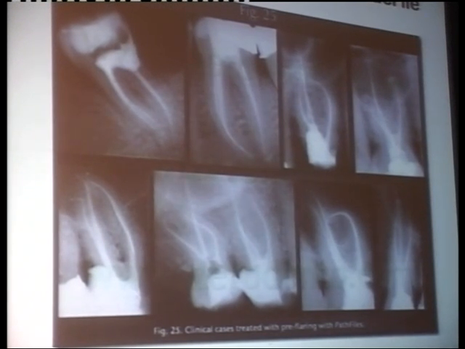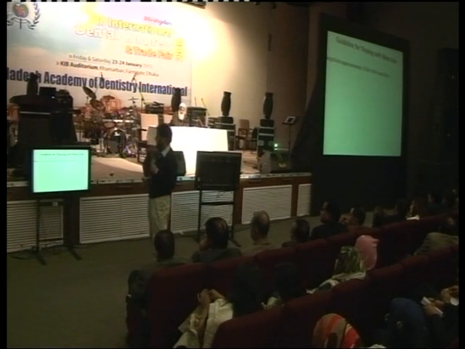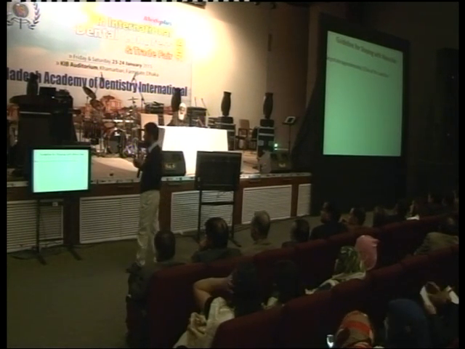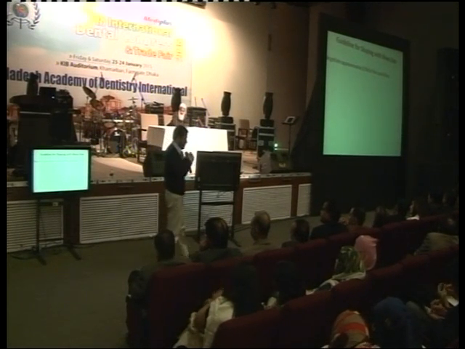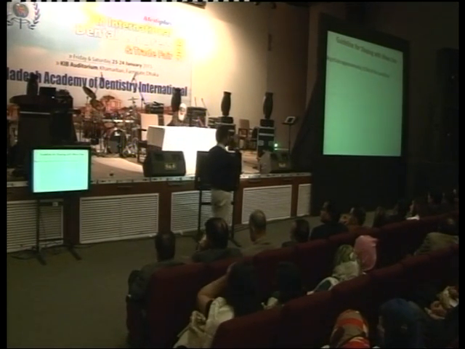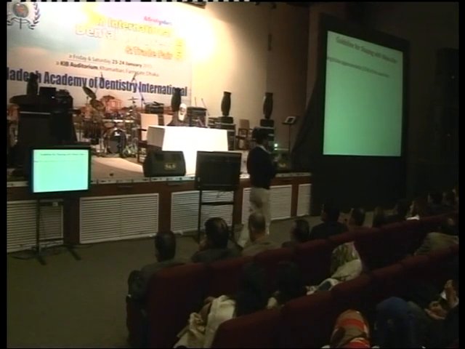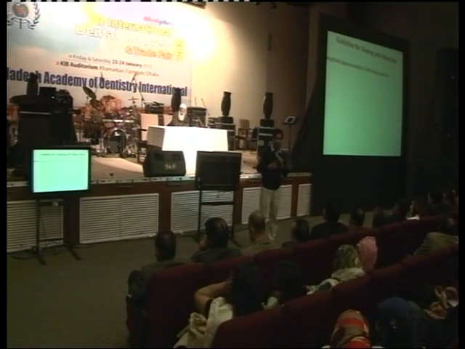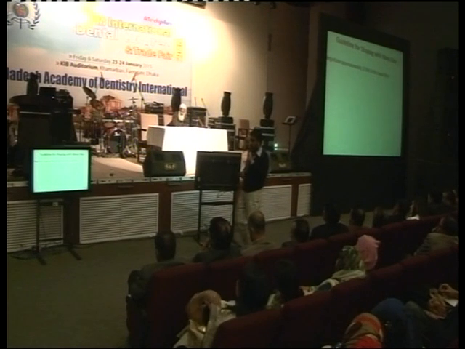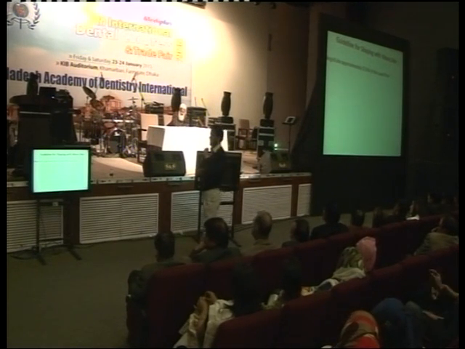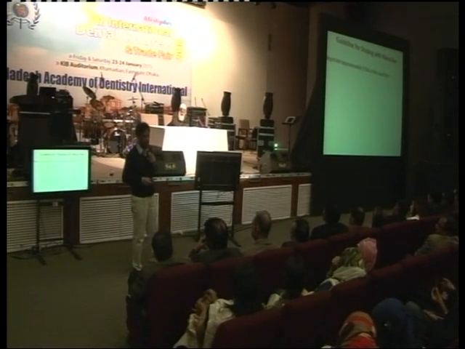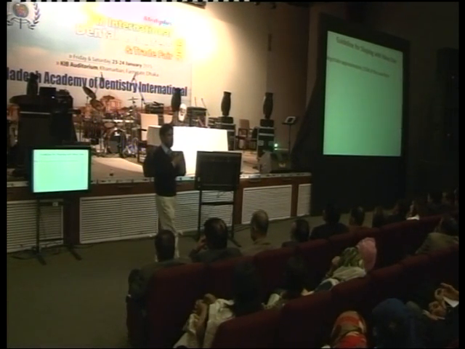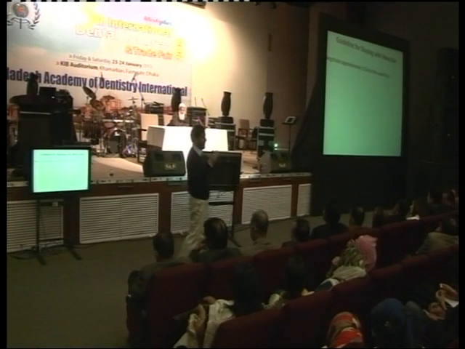First you will have to consider the apical 1/3, middle 1/3 and the cervical or coronal 1/3. First you will have to negotiate the coronal 1/3 with the number 10 or number 15 or number 25. It depends on the size of the canal which file you will use.